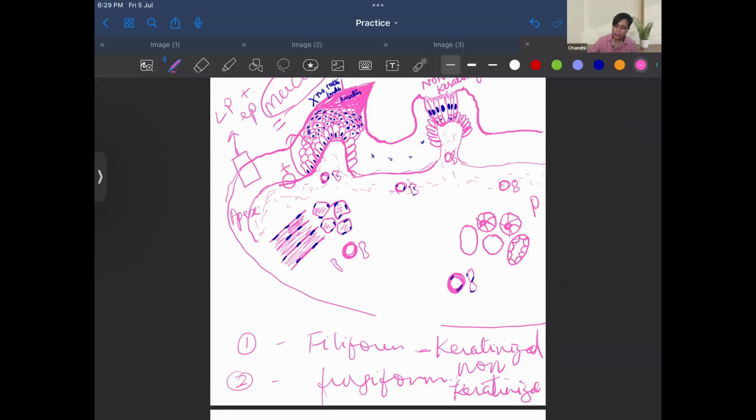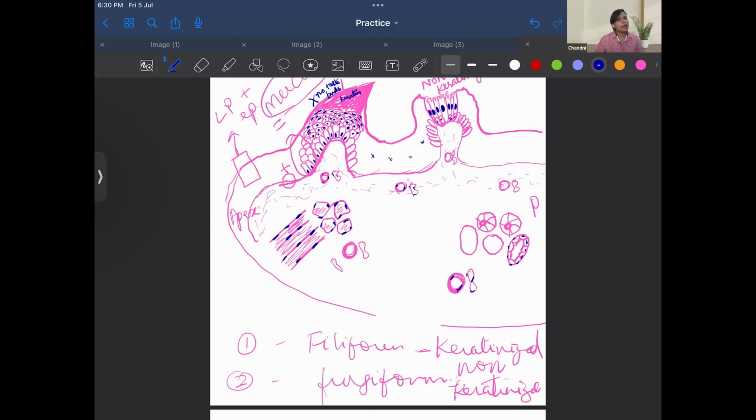Mucous glands have a larger lumen, see? Fluffy nucleus, yes, and the nucleus gets pushed to the periphery. Why? Because it's producing the mucus, right? It's the mucus that is pushing the nucleus towards the periphery. However, when you see under the microscope, you don't really see this.